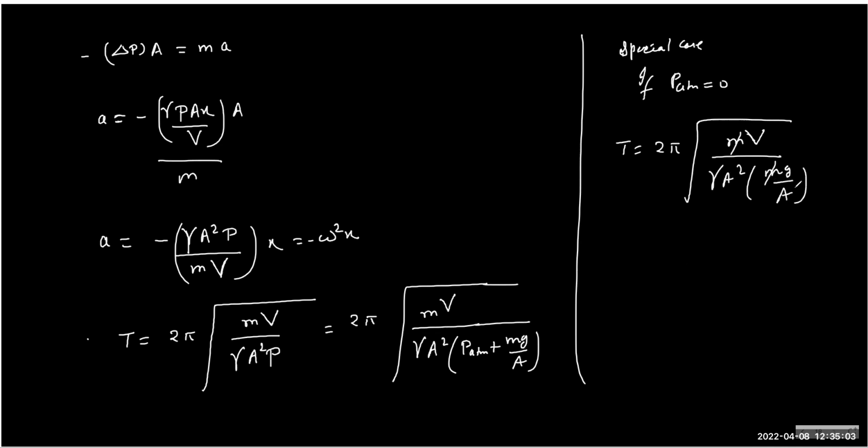It will look like simply 2 pi under root V by gamma A g.